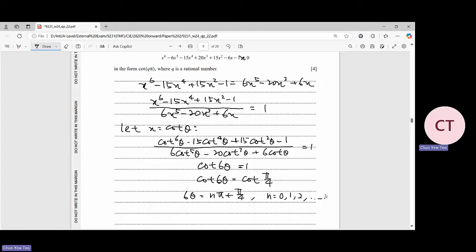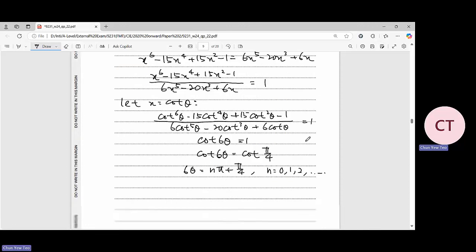We are looking for theta, we're looking for x. So power 6, we're supposed to have 6 answers. So theta is equal to pi over 4. This is the case where n equals 0.